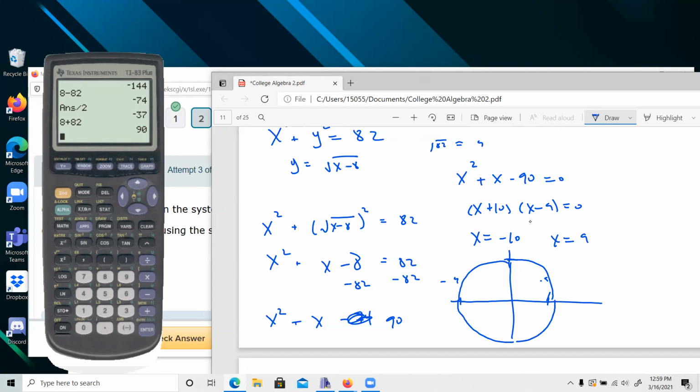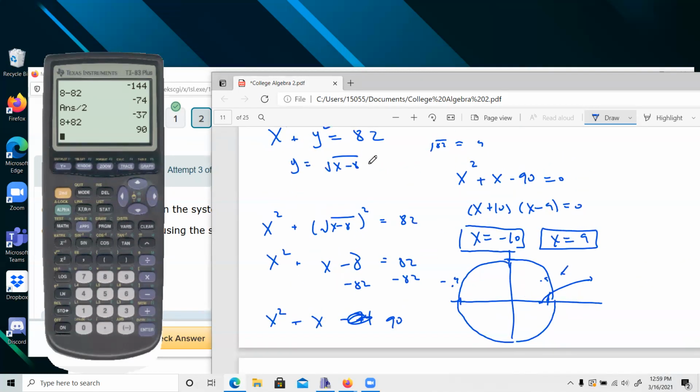Okay. And then we have y is equal to the square root of x minus 8. What's the square root function with a shift to the right, at 8? So here. And then it's going to look something like that. The only solution we have is in that first quadrant. I'm going to look at this and say, well, this is nice, but that square root is not over here. So the only solution I think I have is this one, when x equals 9.